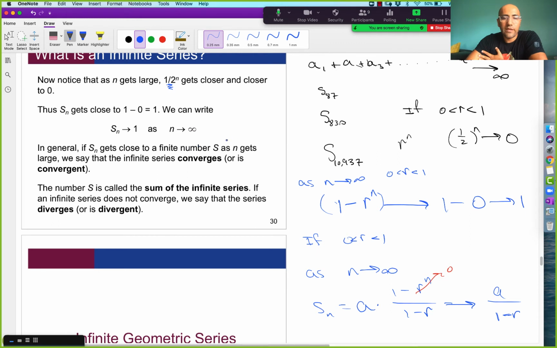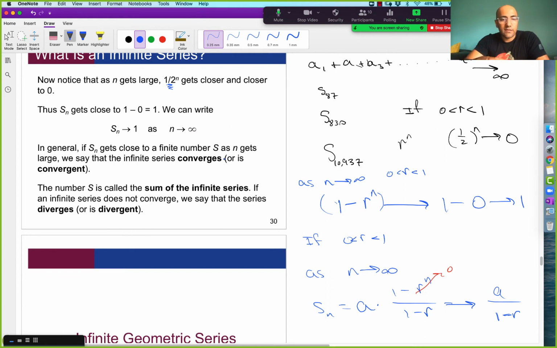So the notation we like to use is that S sub n means that we're adding up the first n numbers in our list. But if we drop the n and just say S, S represents the sum of all of the numbers in the original sequence. So as n gets larger and larger, we say that the infinite series converges, or is convergent, if it goes toward a particular answer, if the answer exists.